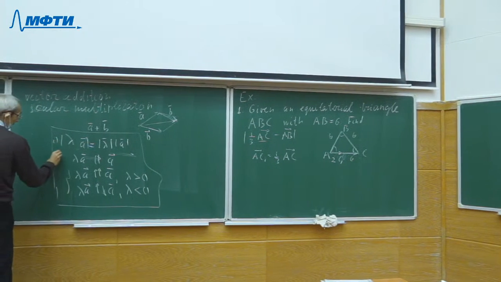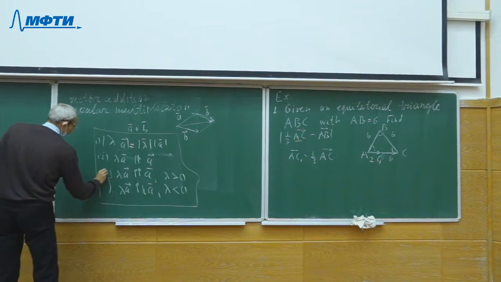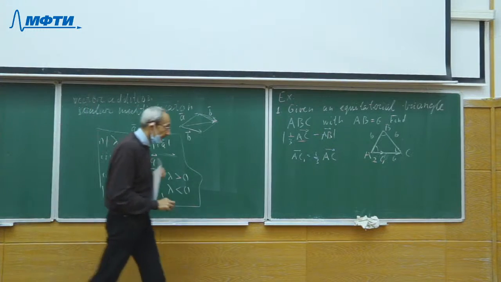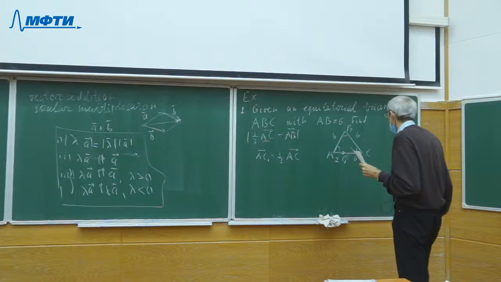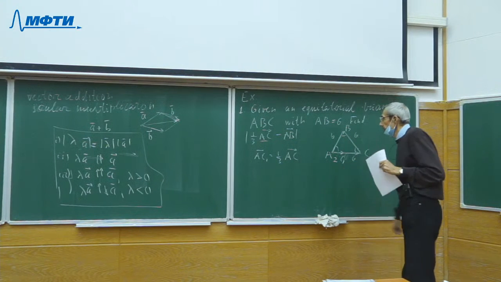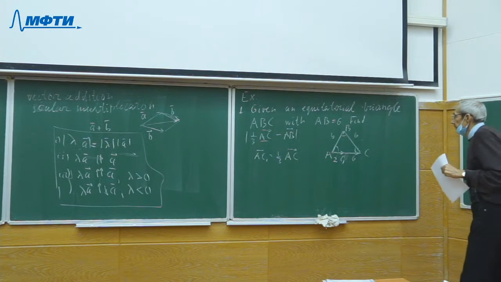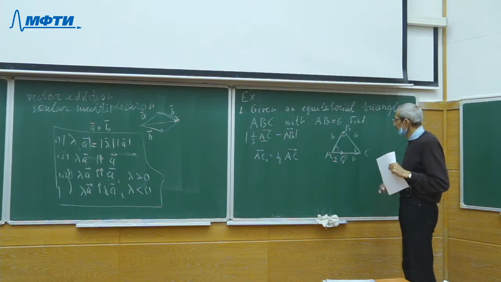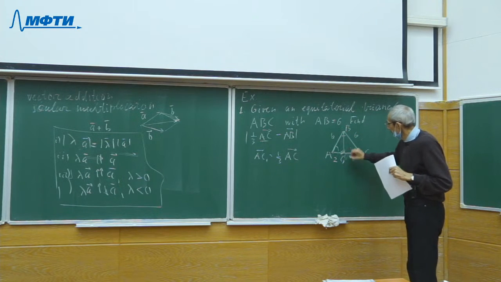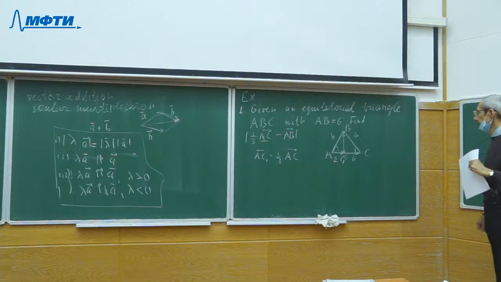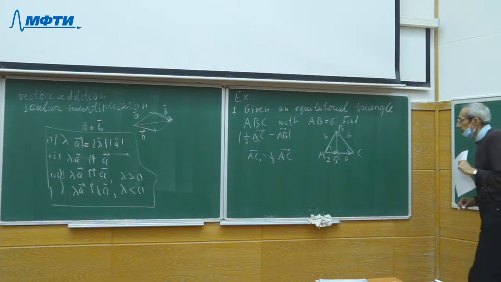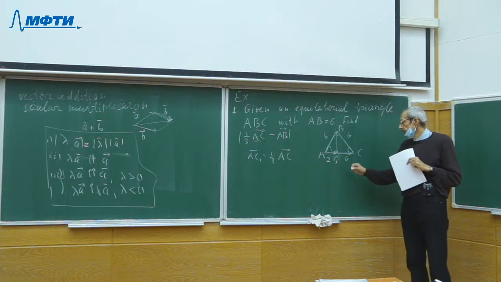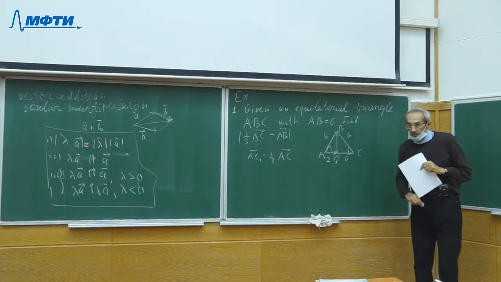Okay, and vector AB, this vector, and the difference between these vectors, BC1, and we are going to calculate the length of these vectors.